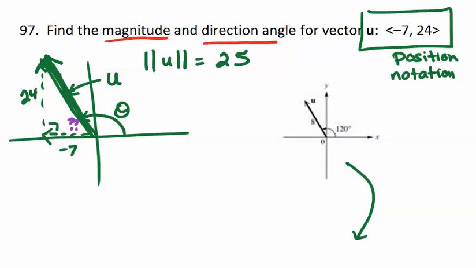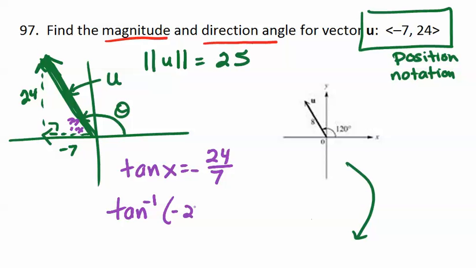And again, don't worry about this too much on your exam because you're not going to have a trig calculator, so I'm going to put x there. Do you see that we could write tangent of x because tangent is opposite leg over adjacent leg? So on your calculator, you would do inverse tangent of negative 24 divided by 7, and your calculator would give you the value for x, and I'm going to pause and find that.